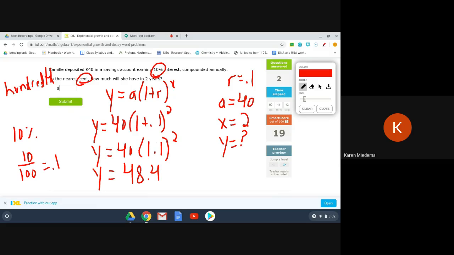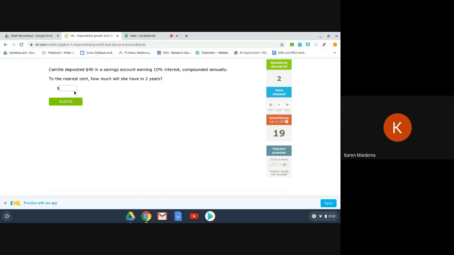But this question says to the nearest cent, how much will she have? So she will have $48.40.